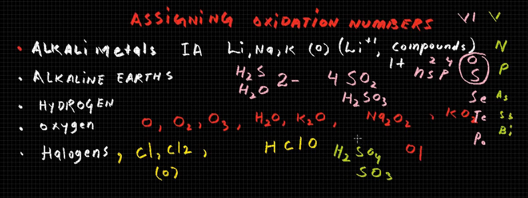So the oxidation state of sulfur in these compounds, if we calculate, will be positive 6, where all the 6 electrons have been utilized. So we can say oxidation number depends upon the group number as well, and the number of valence electrons being utilized in that compound.